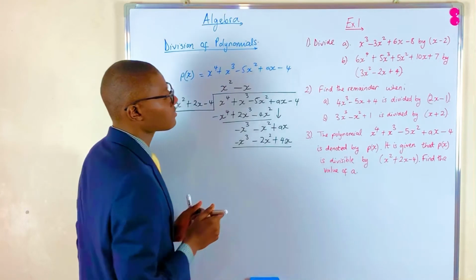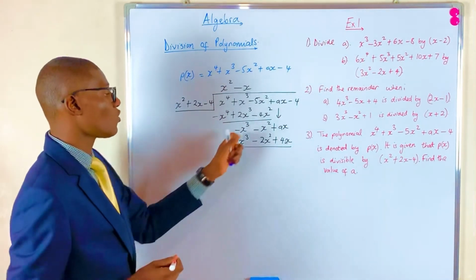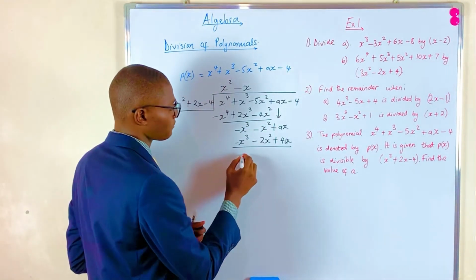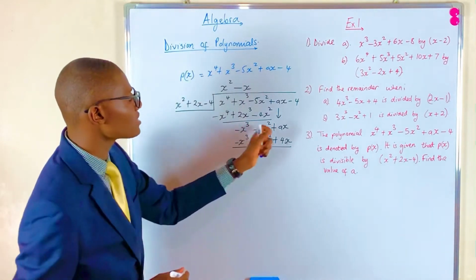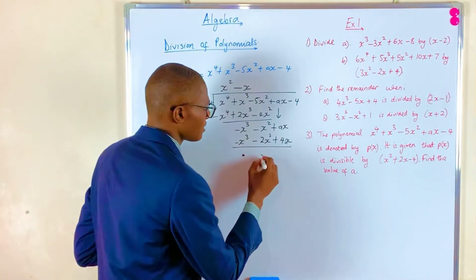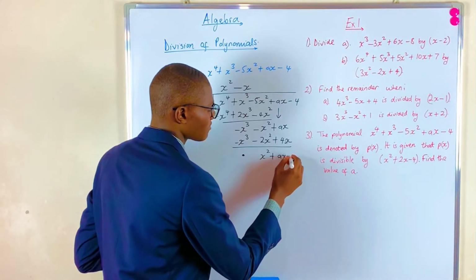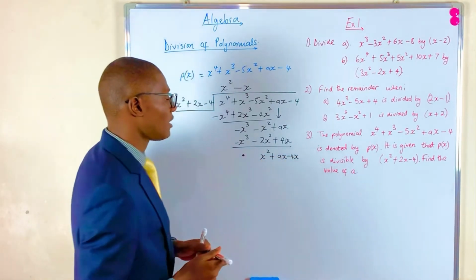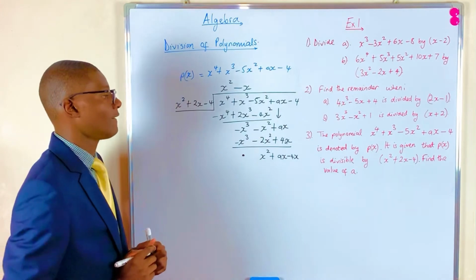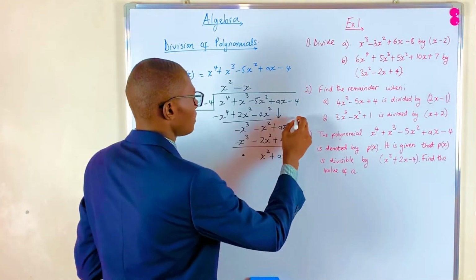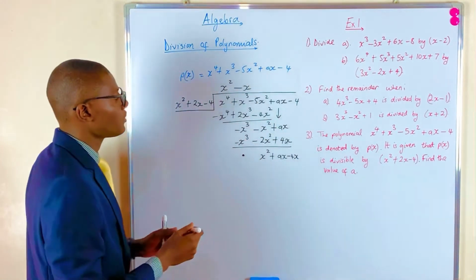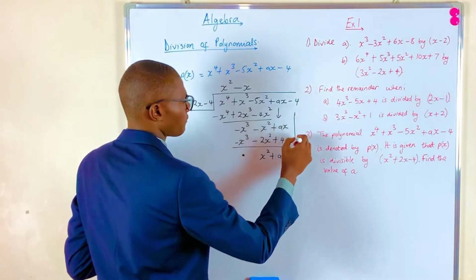Then we carry out the subtraction here. So this will give us a 0. And minus x squared plus 2x squared, that's x squared. Then you are saying plus ax minus 4x, like this. And then of course we drop the minus 4 here.